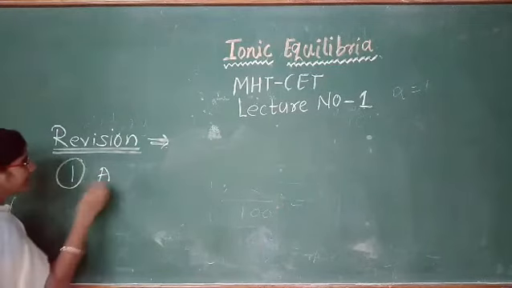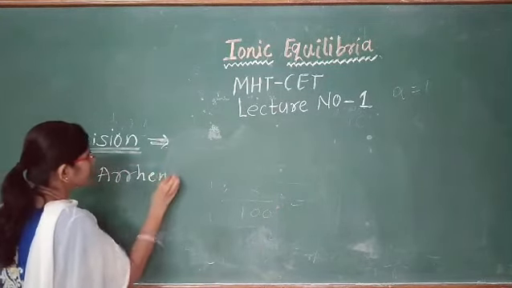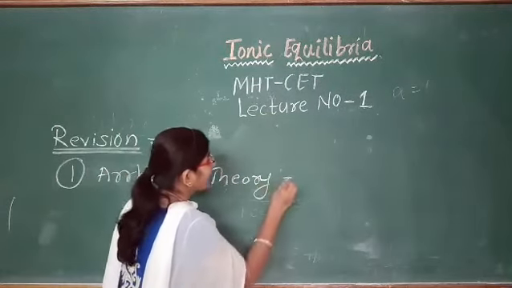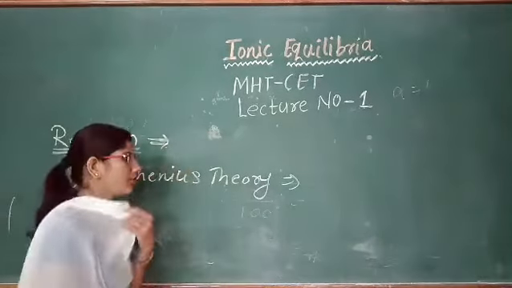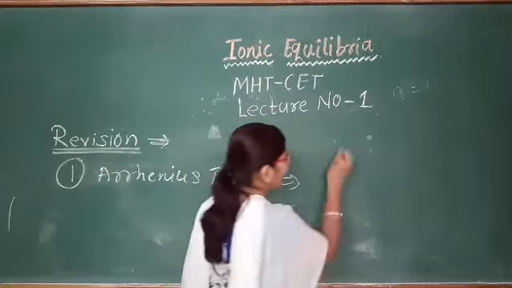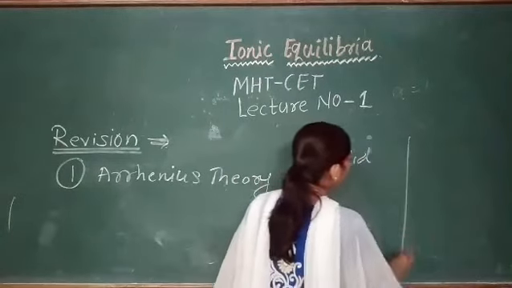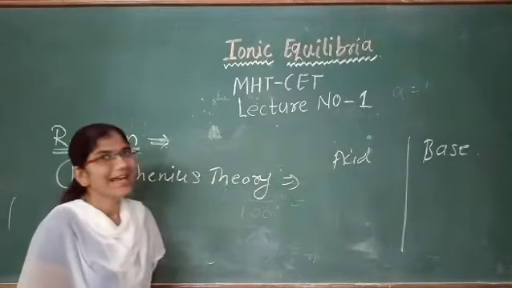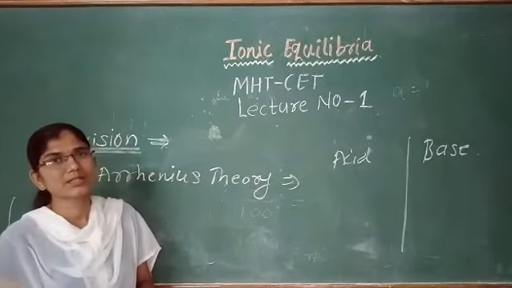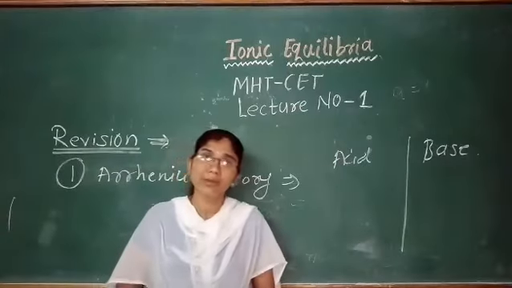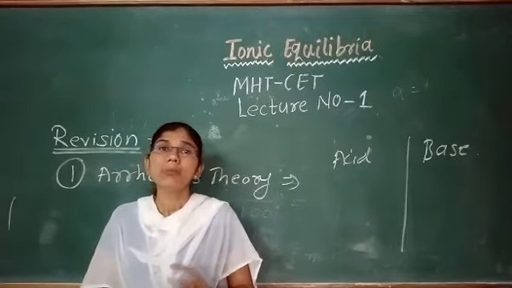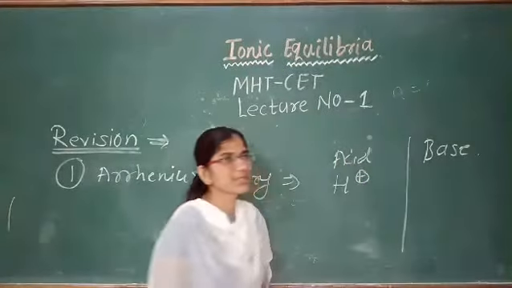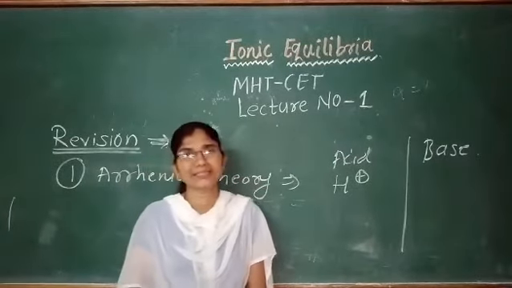According to Arrhenius theory, an acid is a substance whose aqueous solution produces H plus ions, the hydrogen ions.